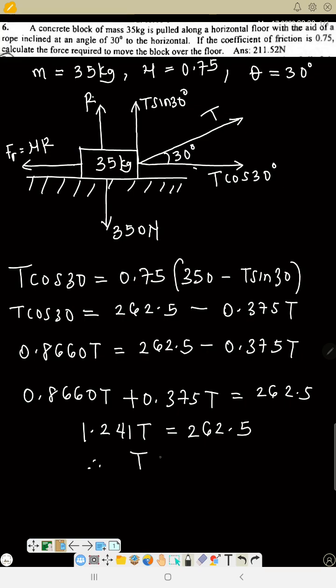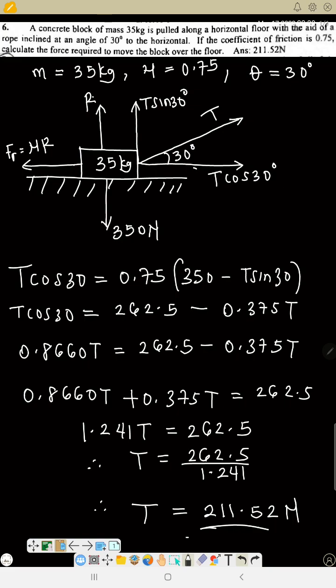So T is equal to 262.5 divided by 1.241. That will give us 211.52 Newton. So that is the final answer. That is the force that we can use to drag this block at an angle of 30 degrees to the horizontal.